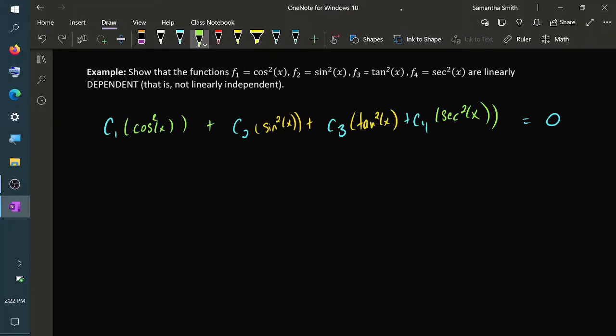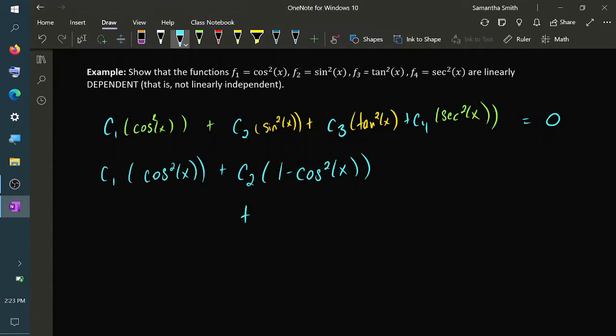Now at first it may not seem like this is possible, but we have to go back and think about trigonometry, which gave us some relationships between the functions cos squared and sine squared, and a relationship between the functions tangent squared and secant squared. In particular, if you take sine squared, that's the same thing as 1 minus cos squared.